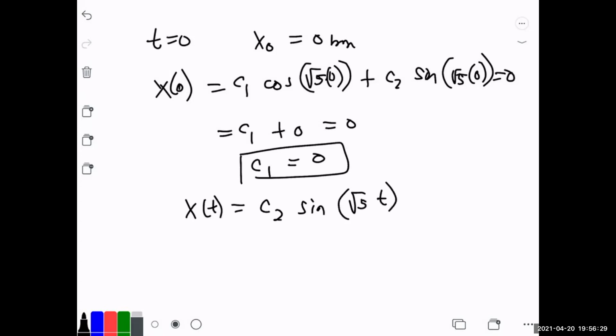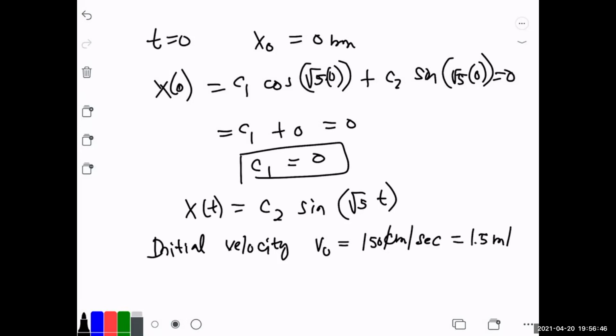Okay? So now let's do our initial velocity. V sub 0 equals 150 centimeters per second. So that is 1.5 meters per second, right, if we change centimeter to meter. And then let's differentiate x of t to get our velocity.